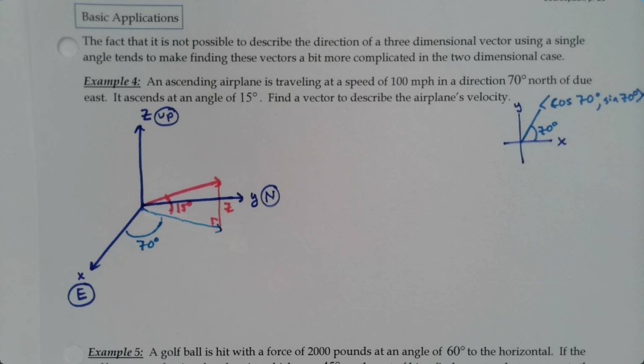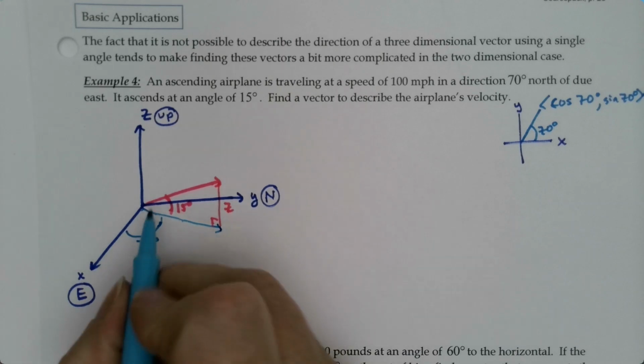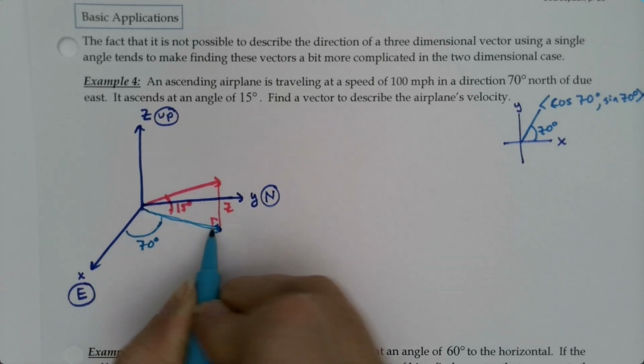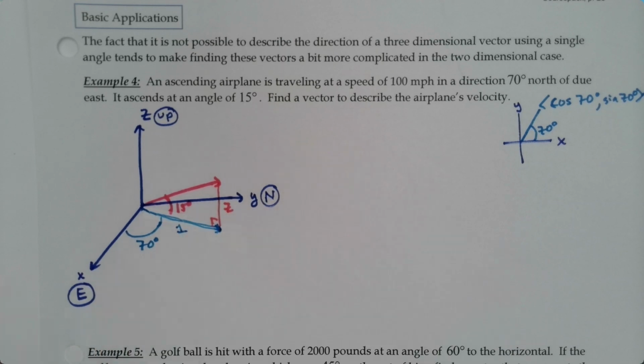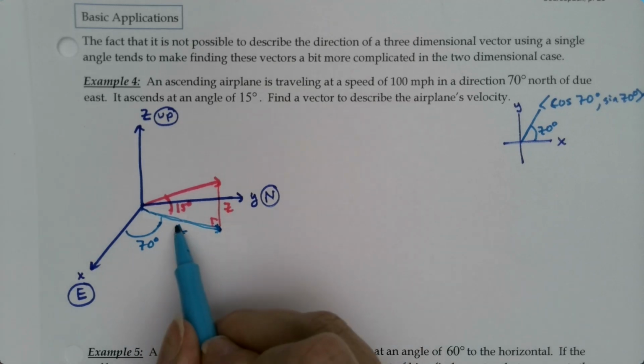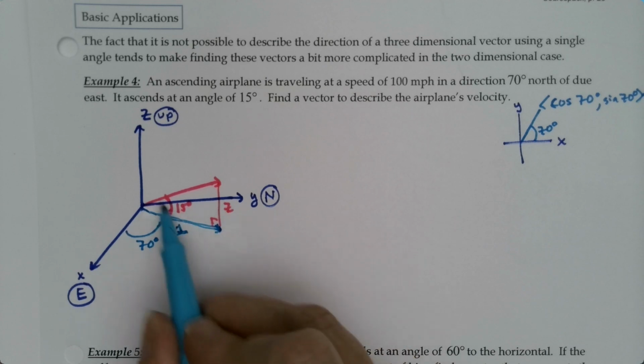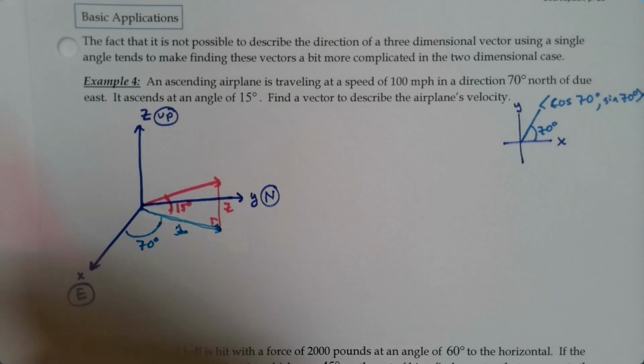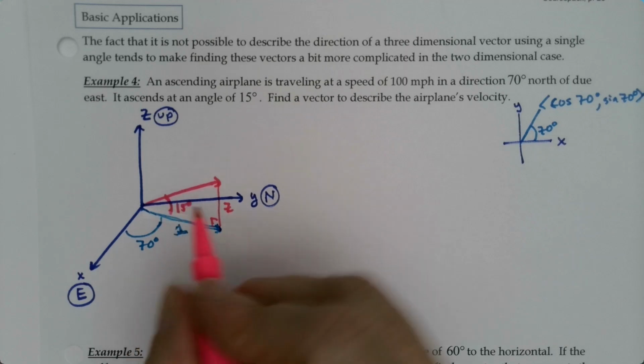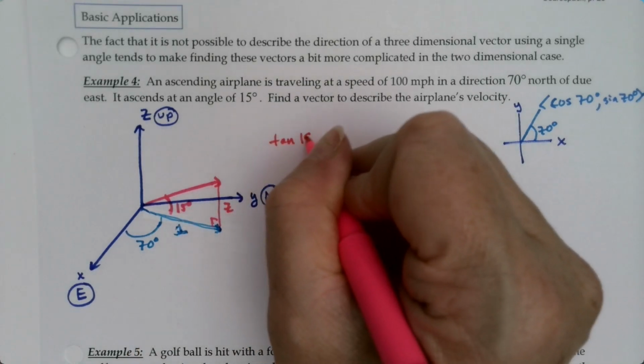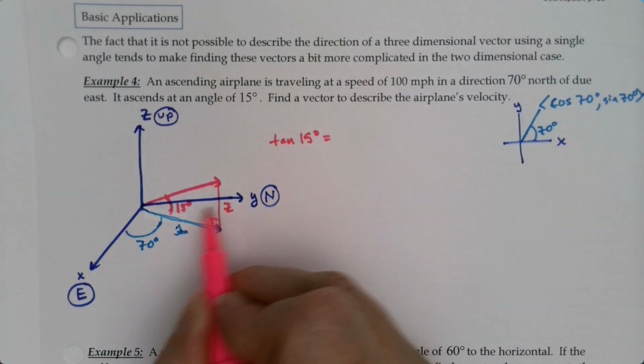Well, the easiest way is to imagine that this vector right here is a unit vector, so it has a length of 1. We'll deal with the 100 later. So we're going to make this be a unit vector of length 1. And therefore, the tangent of this angle, 15 degrees, is opposite over adjacent.